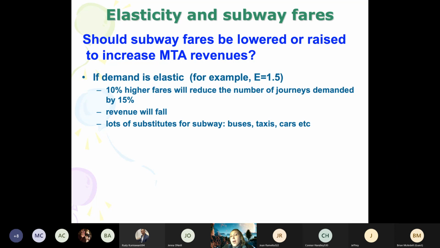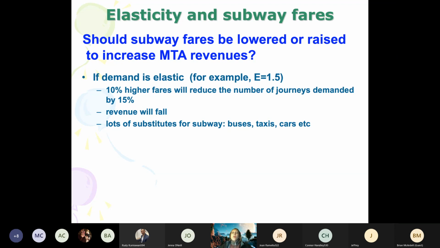Would reduce the number of people traveling or the number of trips taken per day by more than 10%, by say 15%. And then as a result, MTA revenues would fall, right? Because you increase the price by 10%, but now there are 15% fewer people traveling.